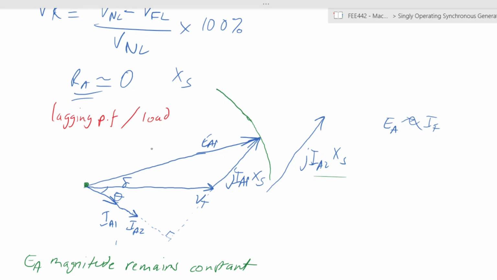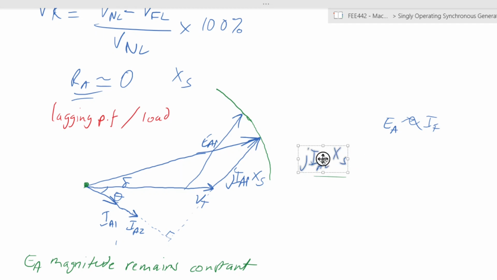So if the magnitude remains constant, the field excitation remains constant, the point of EA can be anywhere along this line. So based on the value of IAXS that we have, if this is its magnitude, we would need to find a location where it would fit. So we would look for a position whereby it can connect to VT and it can connect to IA along that particular locus, right?